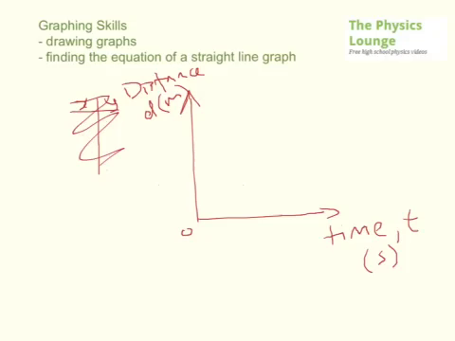The easiest way to do a title for a graph, because students struggle with this so much, is to just put it of the form y versus x for the situation that it's in. So this one, I'm going to do a short abbreviated title because it's easier and quicker: Distance D versus time T. And this might be for a trolley on a track.